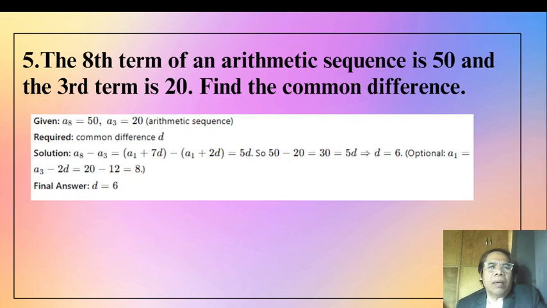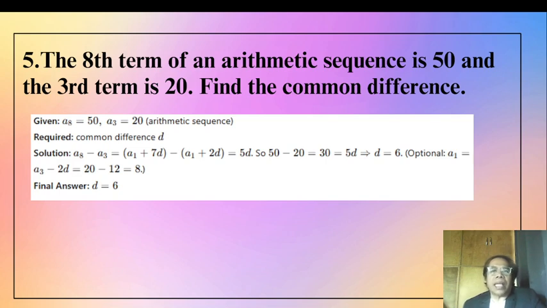Then you will have two equations, the equation for a8 and the equation for a3. After substituting the given data and doing the necessary algebraic manipulation, you will be getting the difference of 6.